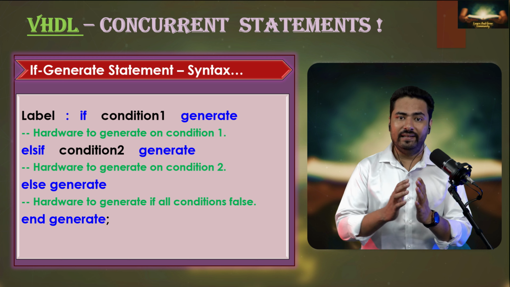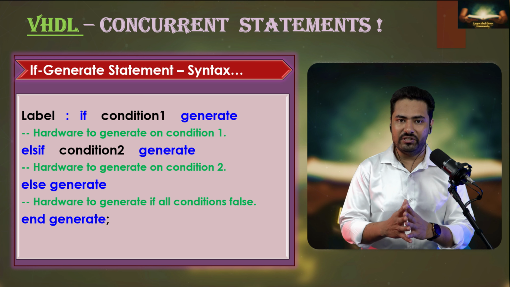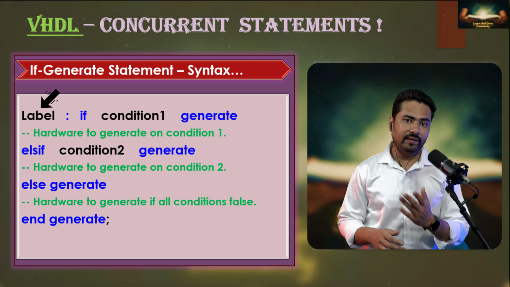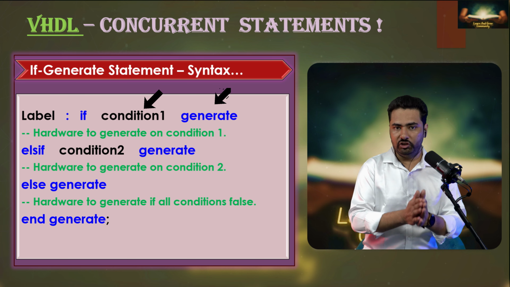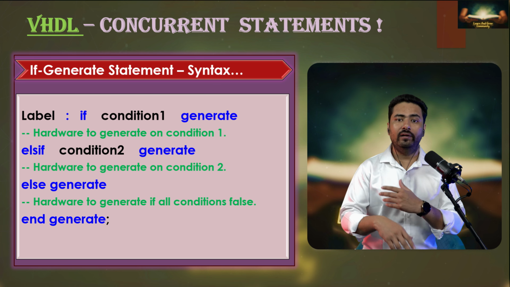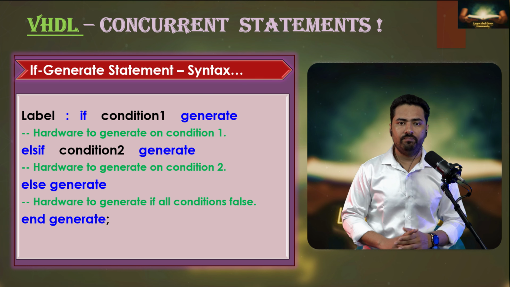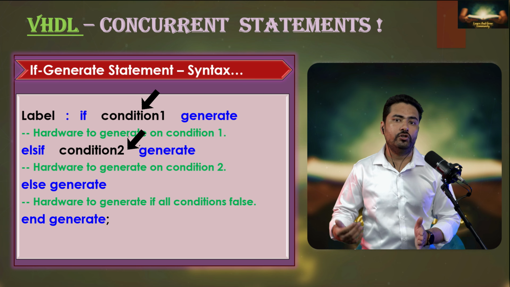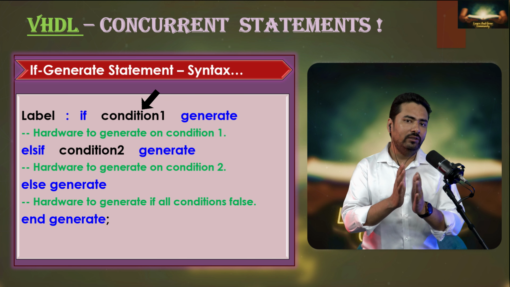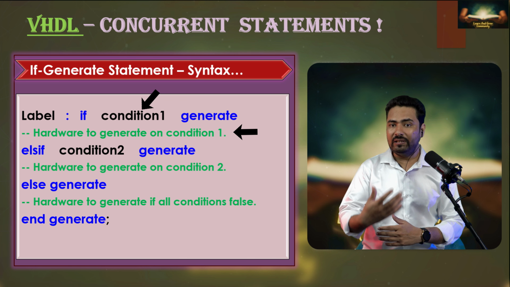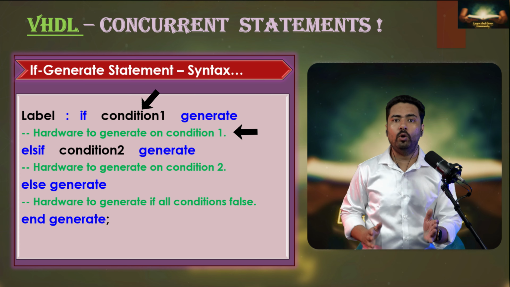Now let's see the syntax of the if generate statement first. It starts with label colon if condition 1 generate. Here it evaluates two primary conditions, condition 1 and condition 2. If condition 1 is true, then the VHDL compiler generates the hardware specified in the first section of this block.